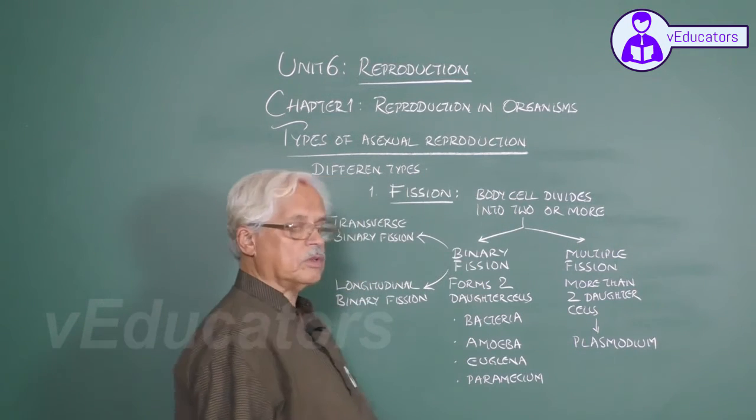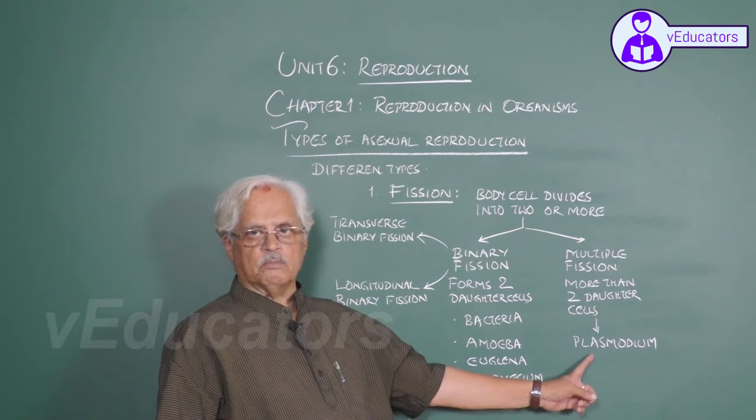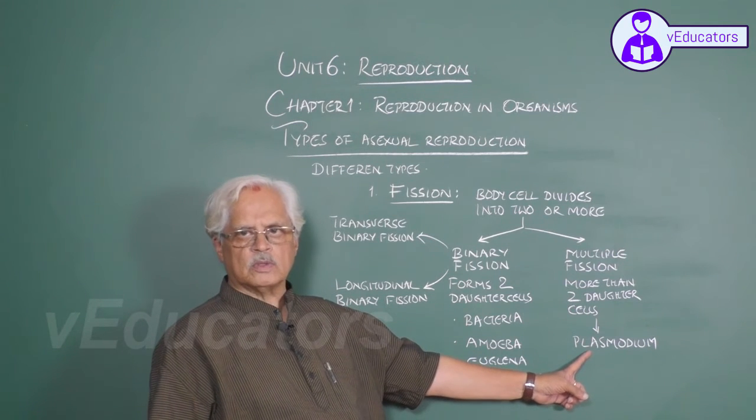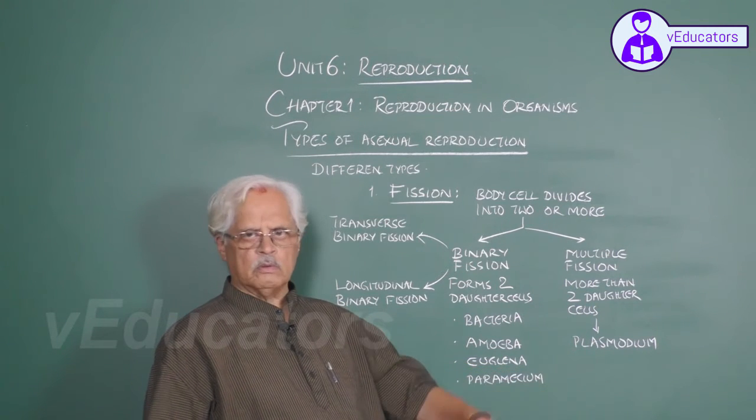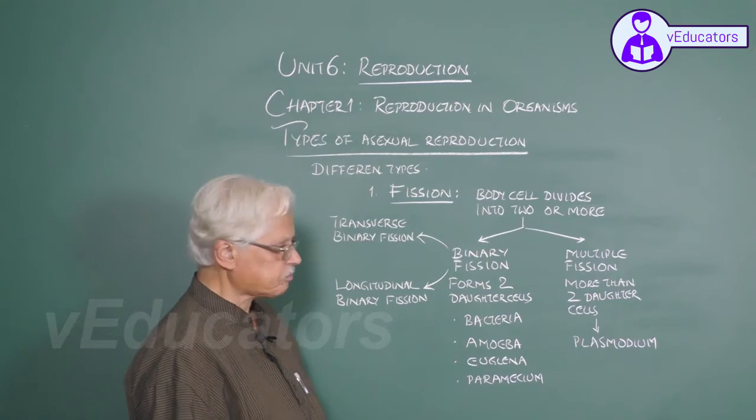This type of reproduction is observed in Plasmodium, a protozoan parasite which causes malaria. In Plasmodium, a large number of individuals can be formed from the parent cell.